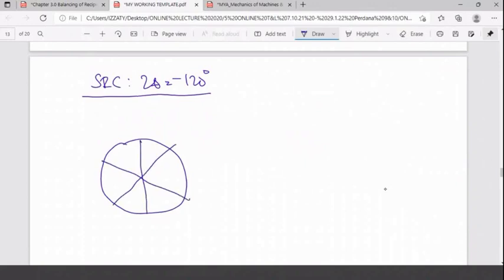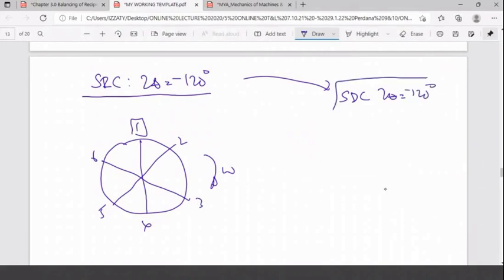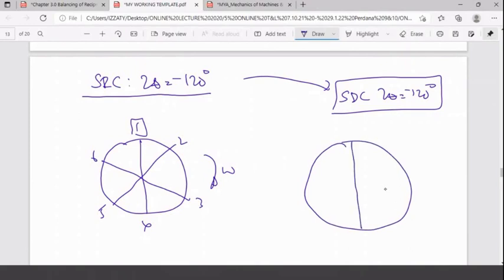You have 1, 2, 3, 4, 5, 6. This one is your reference. This is our secondary direct crank, and this one is 2 theta equal to negative 120.